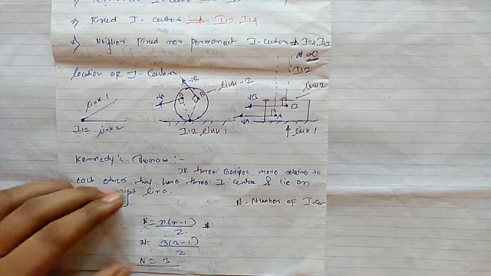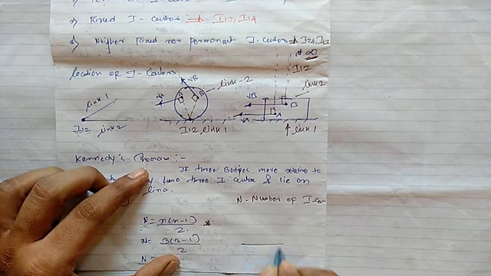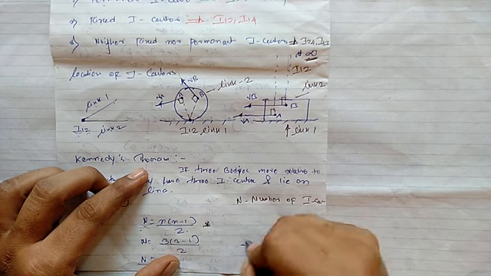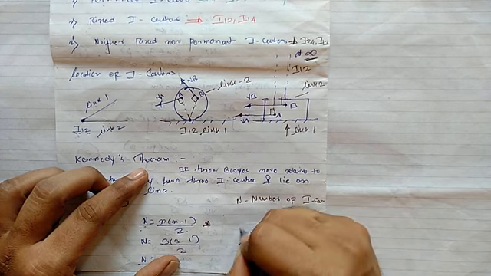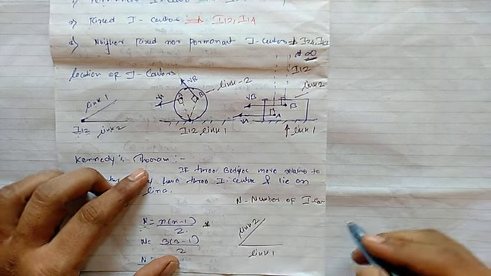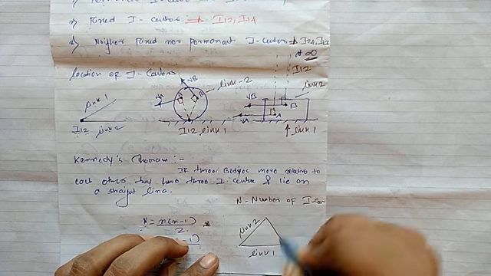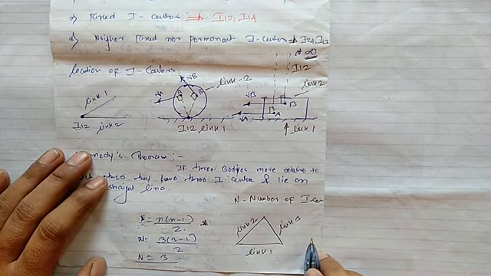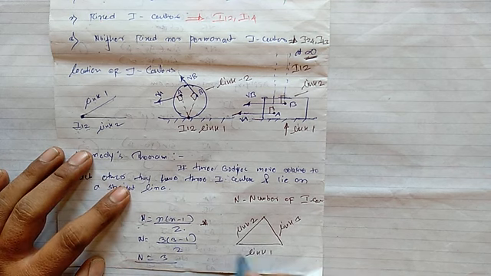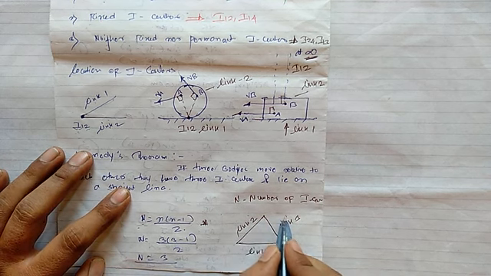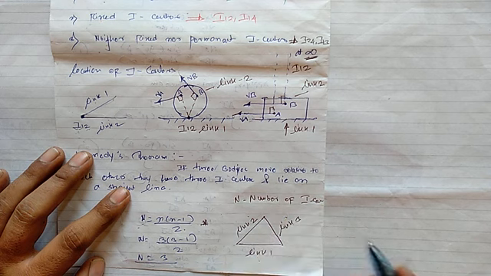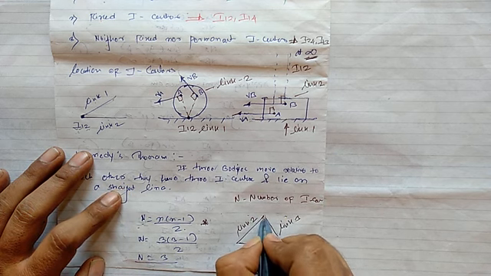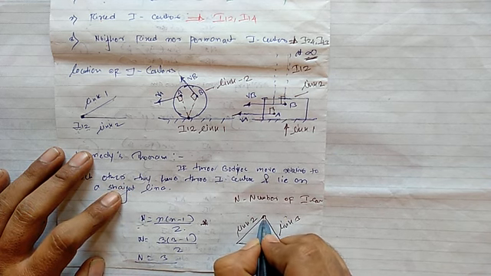Okay, refer here: this is link number 1, link number 2, and here is link number 3. In the given mechanism, 1, 2, 3, there are 3 links. According to Kennedy's theorem, the instantaneous centers lie here.